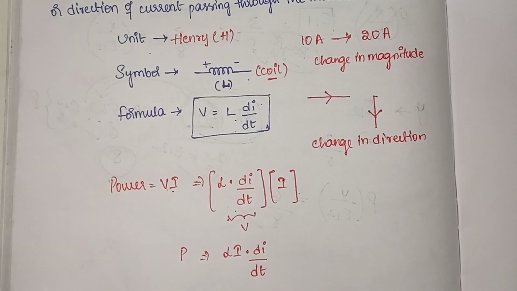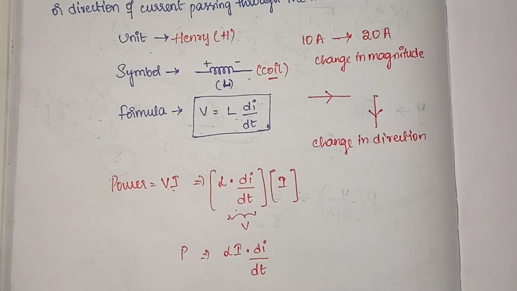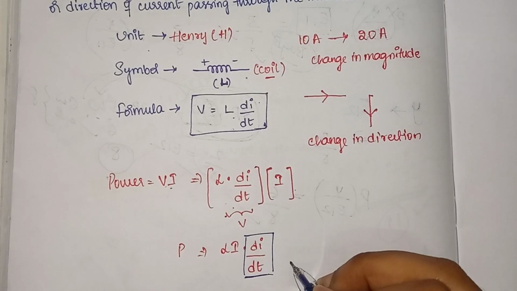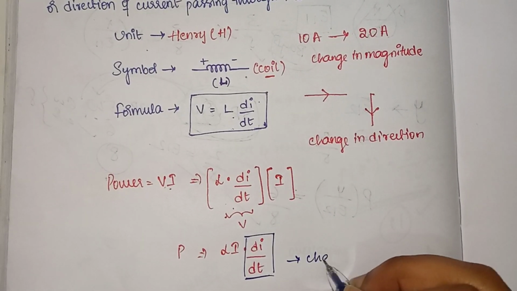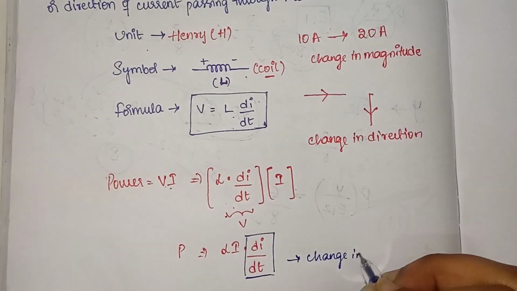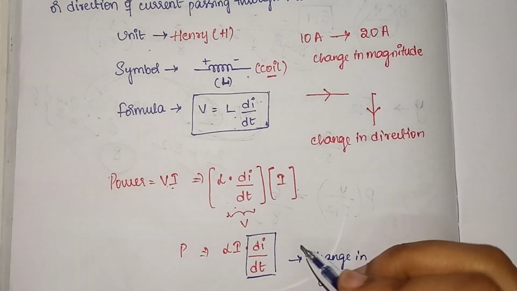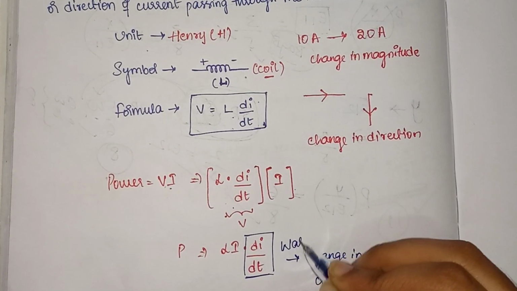So now what I'll tell you is this di by dt which you are having is called change in current. Since power you will measure in watts, we'll include watt here.